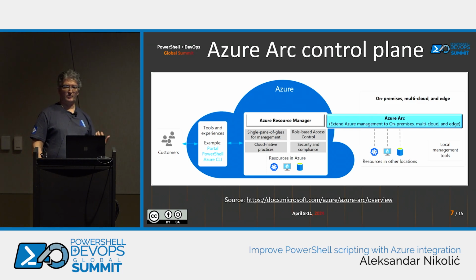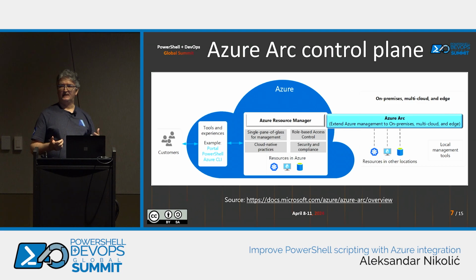So what you can see here is that inside of Azure, we have a couple of different tools and experiences from a user perspective that we can use. We can do things with a portal. We can do things with command line tools like Azure PowerShell and Azure CLI. And then we have Azure Resource Manager as the heart of everything.